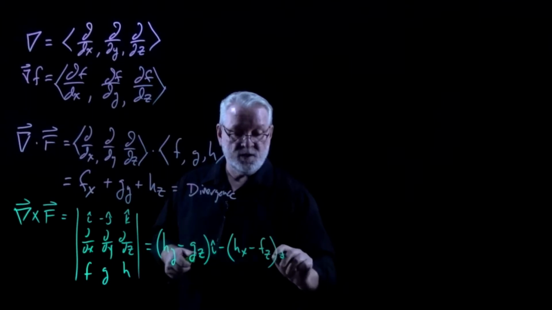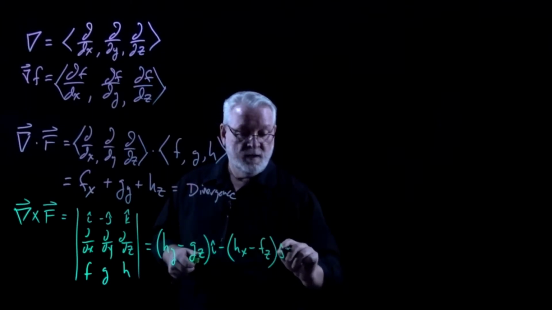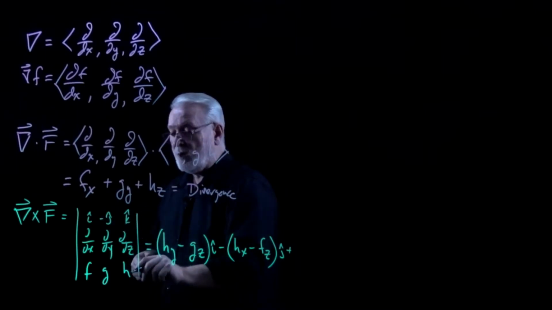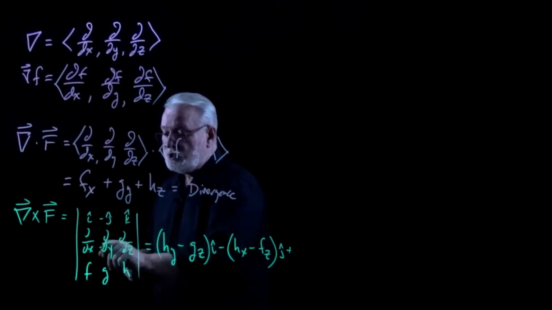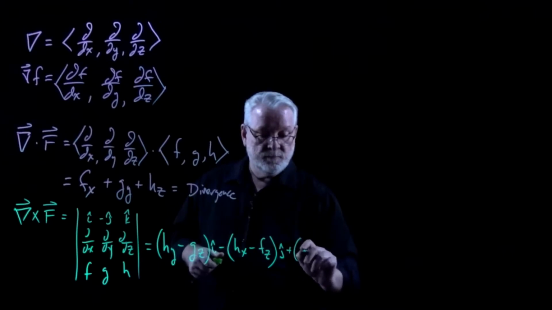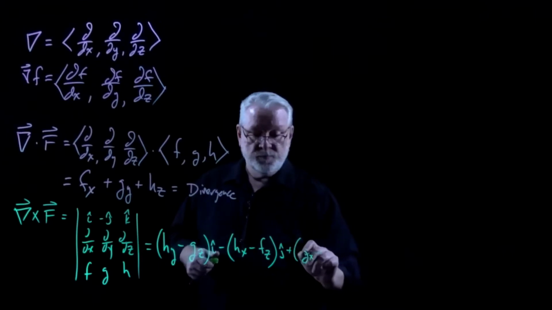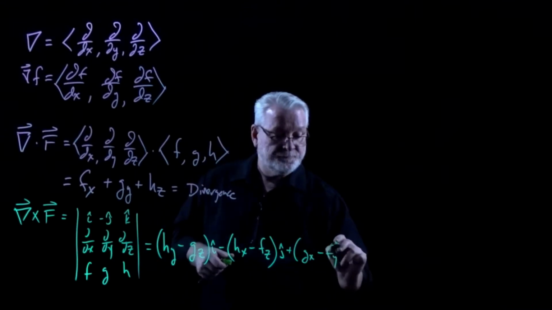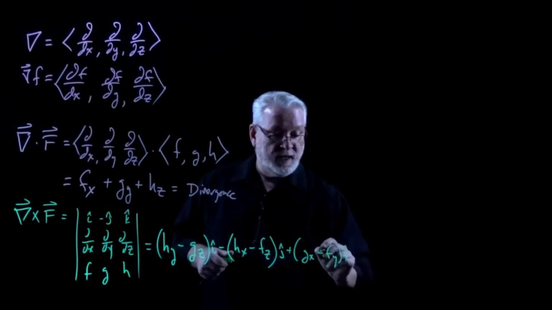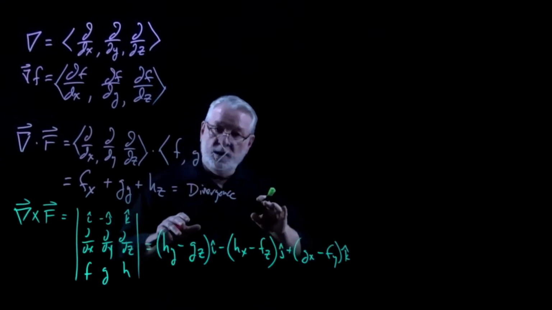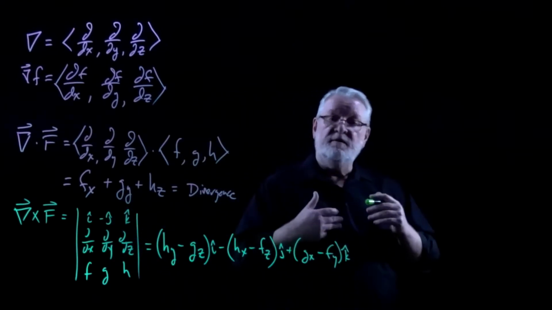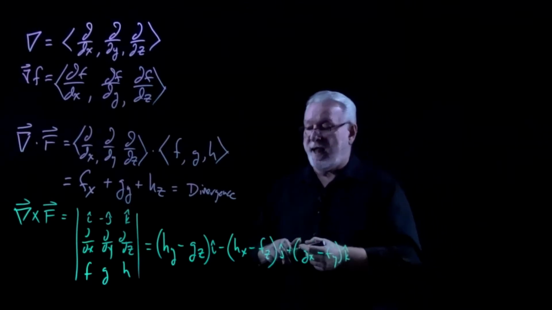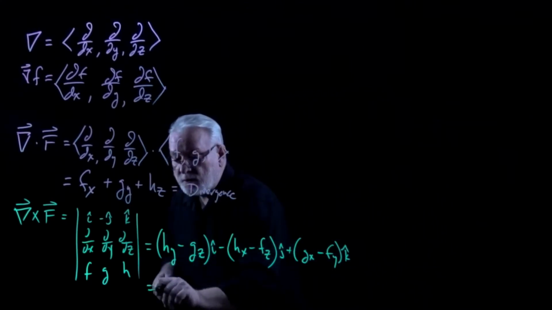And that will be in the j hat direction. Finally, plus the third term, we block out the k row and column, and we'll get partial g with respect to x, minus the partial of f with respect to y. And that will be in the k hat direction. You'll notice that in this case, we get a vector as a result. This vector is referred to as the curl.